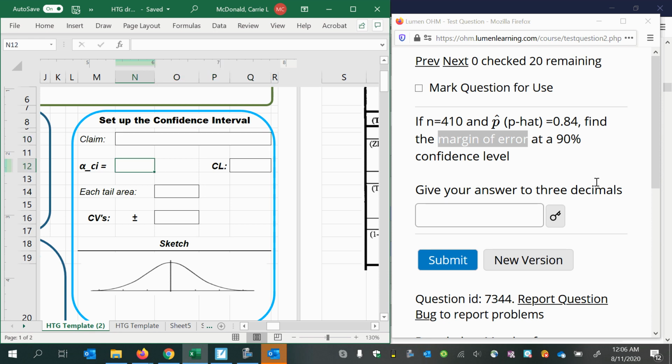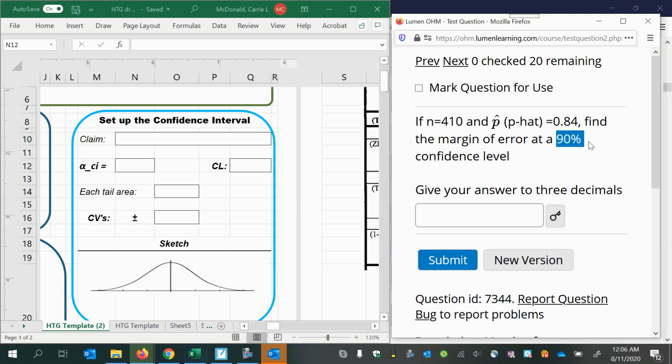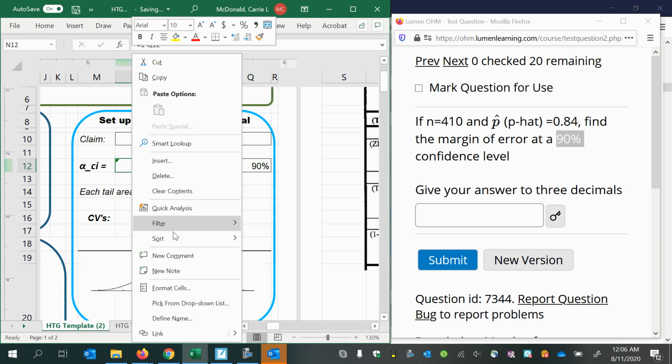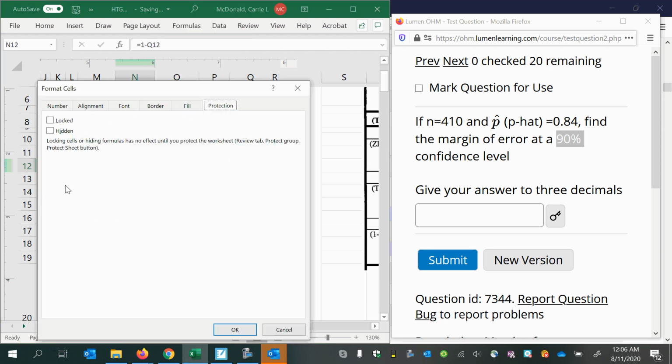And we have been given a confidence level of 90%. Your alpha will be equal to 1 minus that, and that's 10%, obviously. As a decimal, you want that to be 0.10.